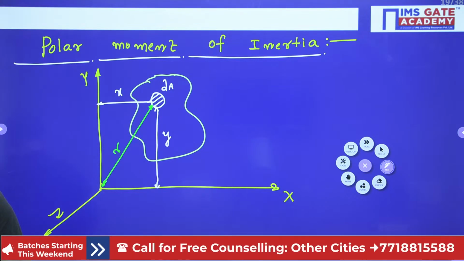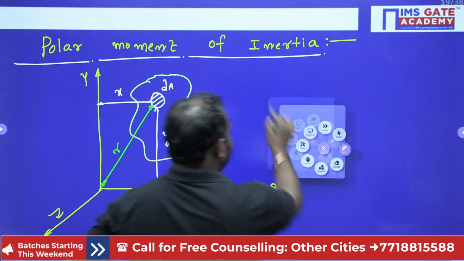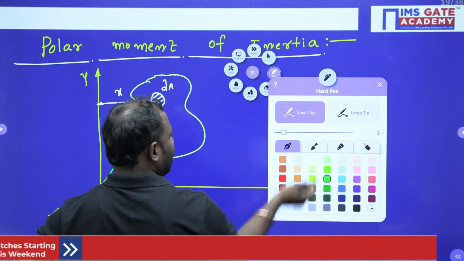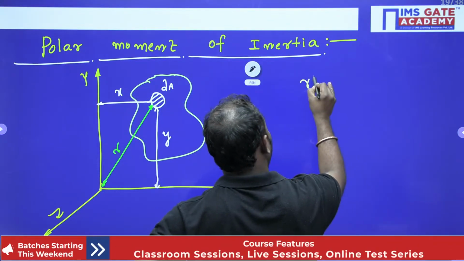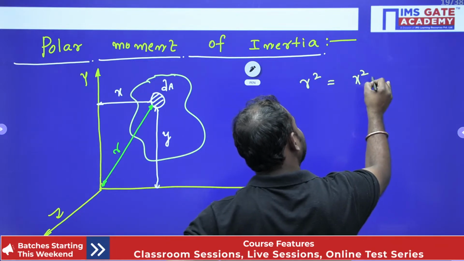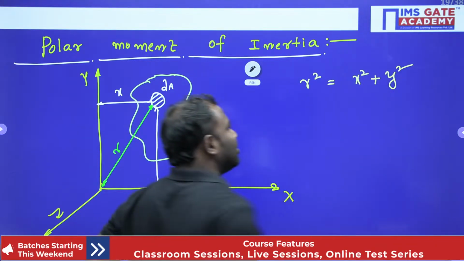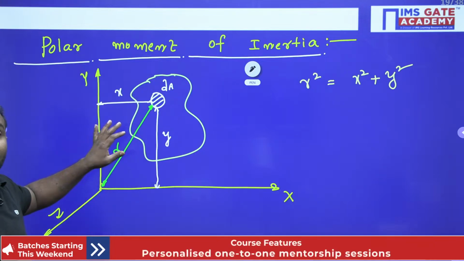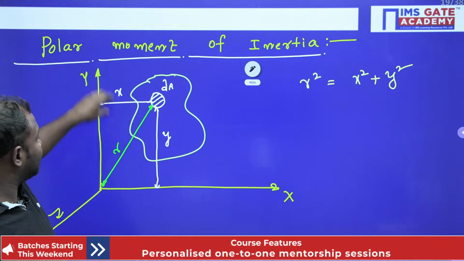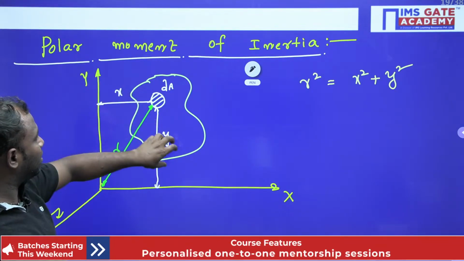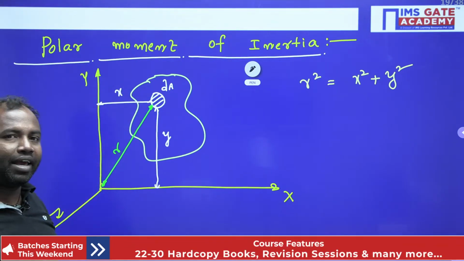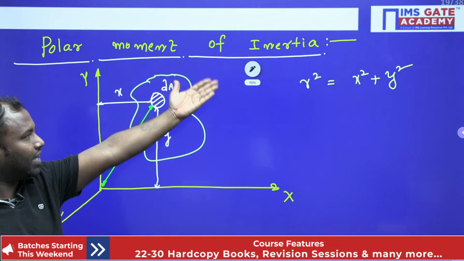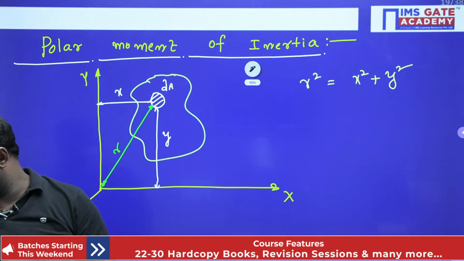Now I'll write my r through the Pythagoras theorem, right? Now r square is equal to, can I write it as x square plus y square? See here, if I consider this triangle, this is x and this is y, so I can write r square equal to x square plus y square, isn't it?